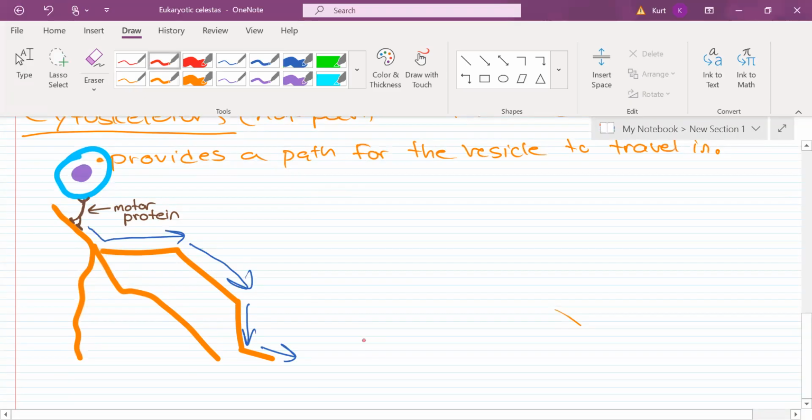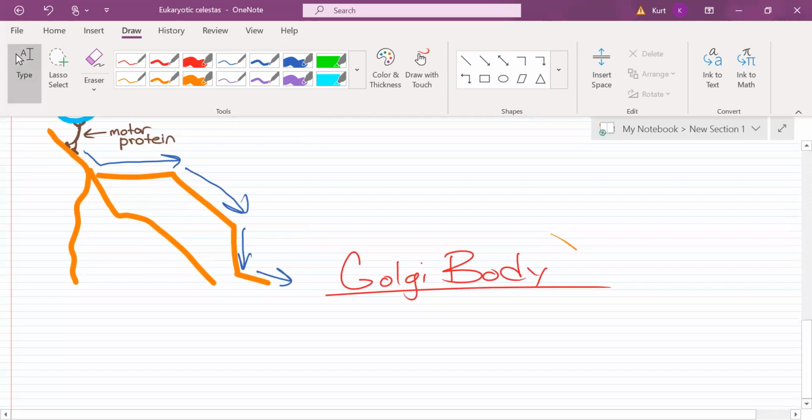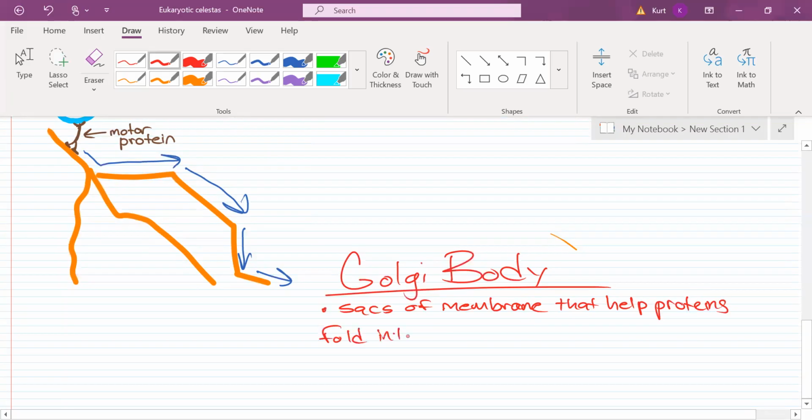And the next stop is going to be the Golgi body, or the Golgi apparatus. The Golgi is sacs of membrane that help proteins fold into their final form. The Golgi is also known as the post office of the cell.